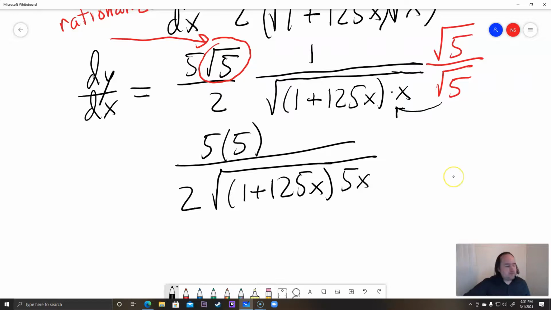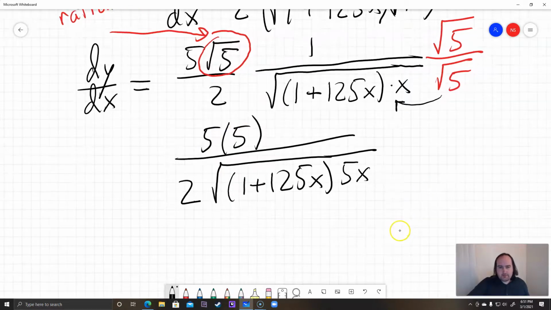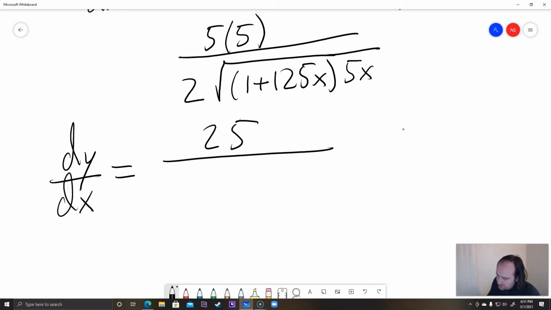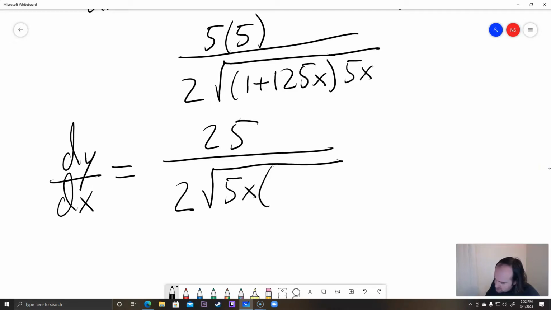Okay, and then to get our answer to look exactly like my math lab does now, all we have to do is 5 times 5 on the top, which is 25. Okay, so we've got dy dx equals, on the top we have 25, and then on the bottom we have 2 times, well, they go ahead and switch the order of multiplying inside of the radical. So on the bottom they actually wrote it as the square root of 5x times the quantity 1 plus 125x.